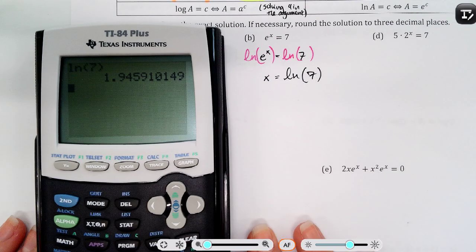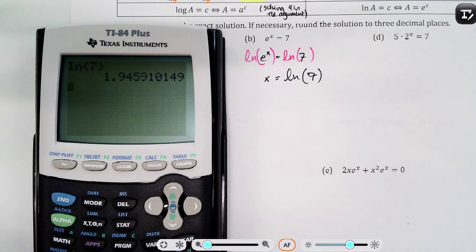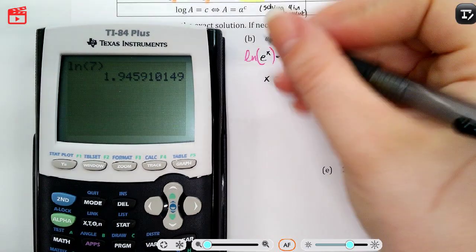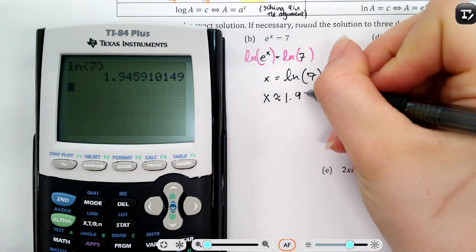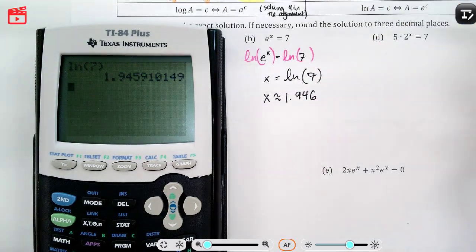What do we get? 1.945. So x is approximately 1.946, three decimal places out, and we can round up to 6.